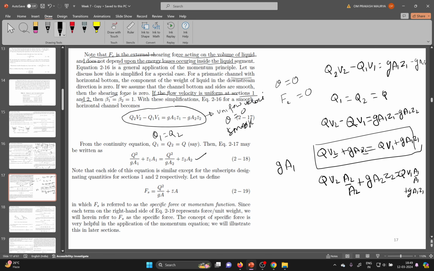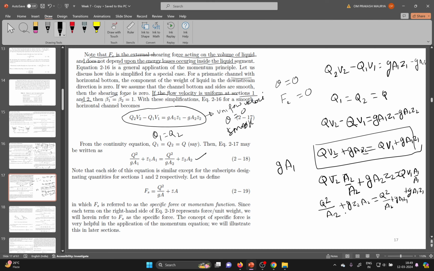So here velocity and area will become the q and q square by a2 plus g z2 a2, similarly this side q square a2 plus g a1 z1.